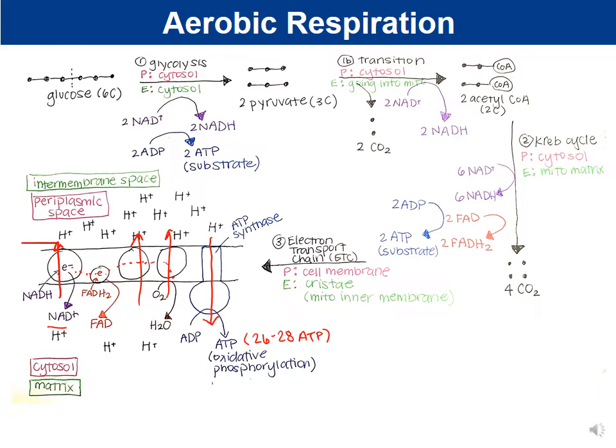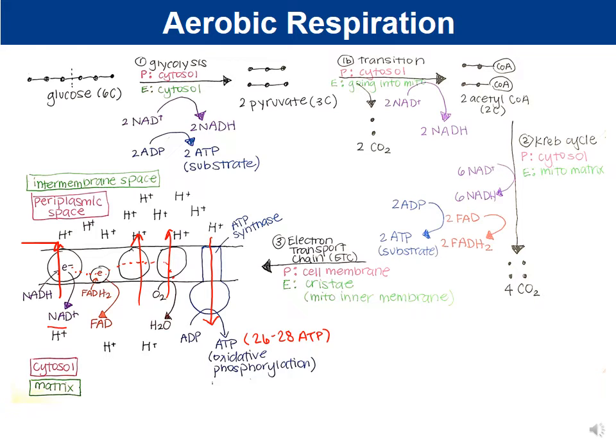You need that hydrogen ion gradient in order to produce the ATP. So again, big picture here, I want you to see the big picture. The early steps are important because they generate the electron carriers. Those electron carriers are then used in the electron transport chain, and that is where the bulk of the ATP is going to come from.